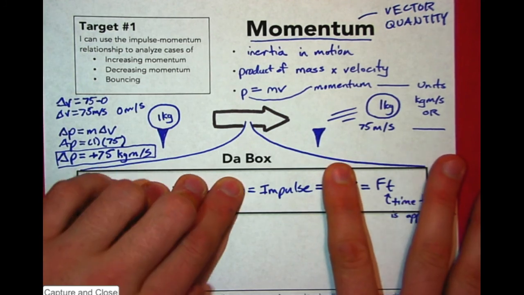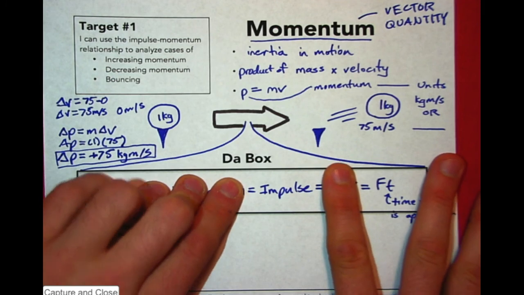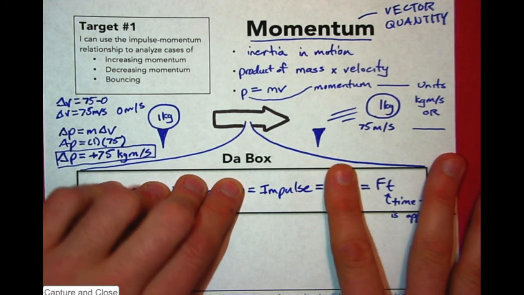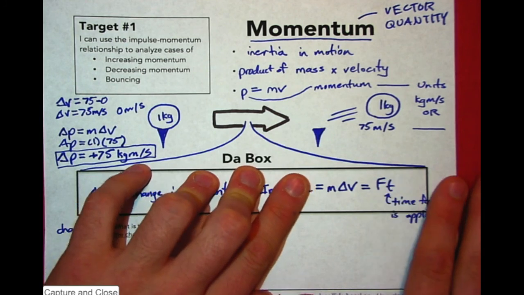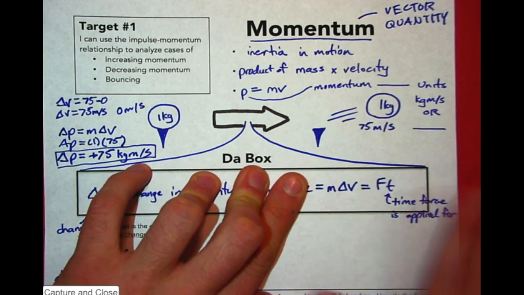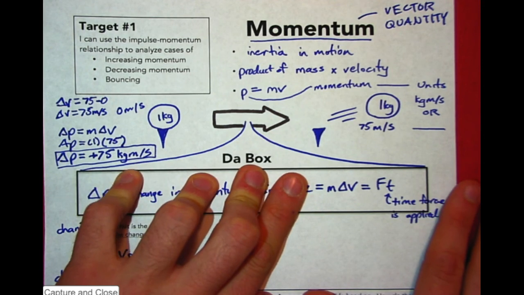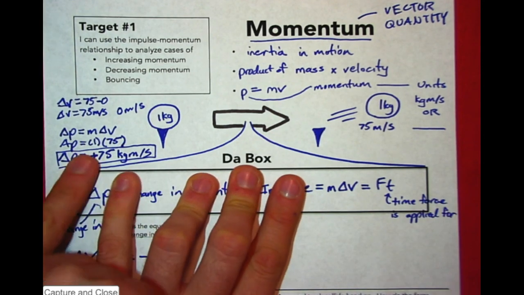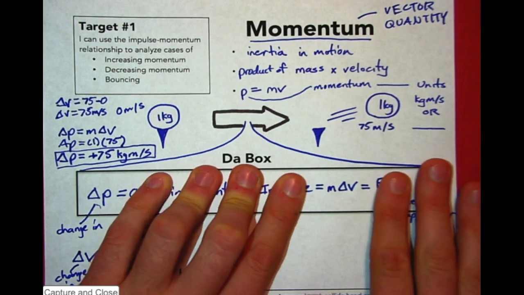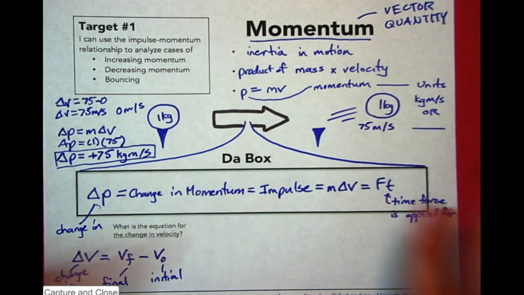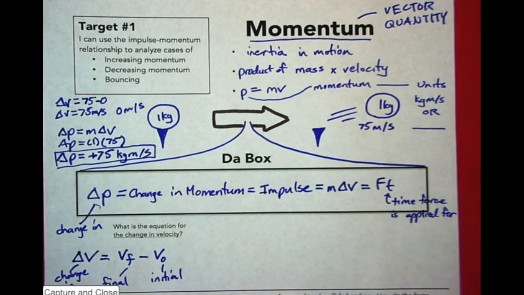Well, we'll set up our problem like that. Or maybe instead it gives you variables like mass and velocity and maybe time, and says, what's the force that was applied to that object? Well, we could set these equal to each other. And maybe it's just a simple one like up here where we find the change in momentum, so delta P is going to be equal to mass times the change in velocity. So we could really work with this box however we need to for whatever specific problem we're working on.